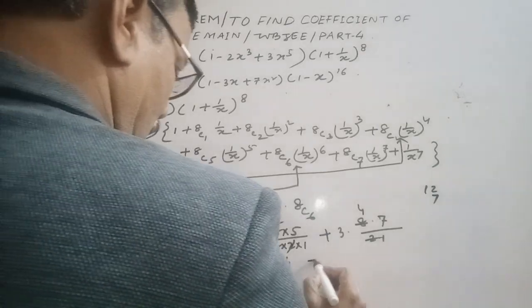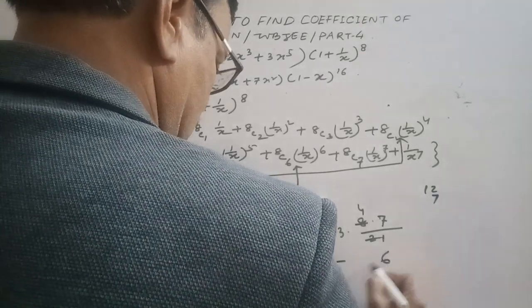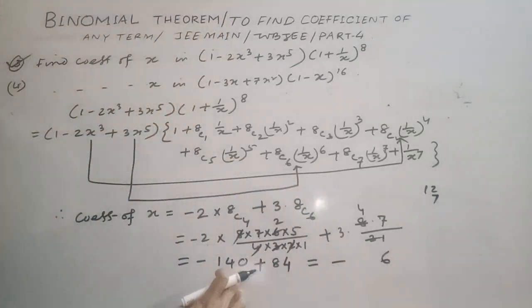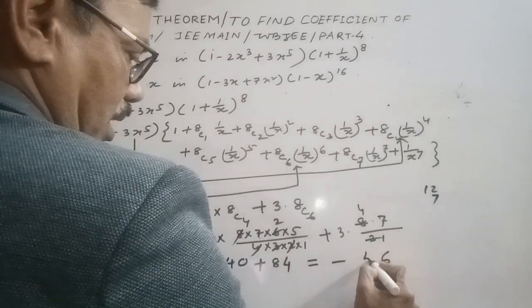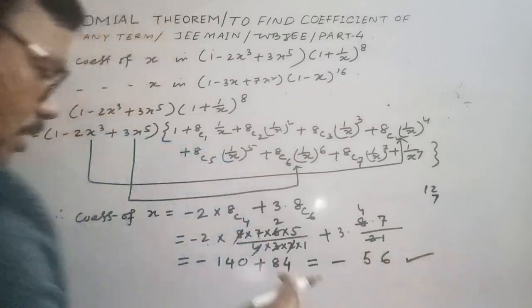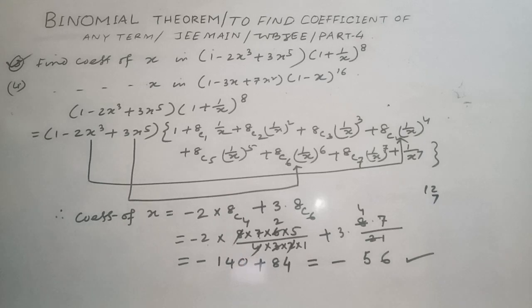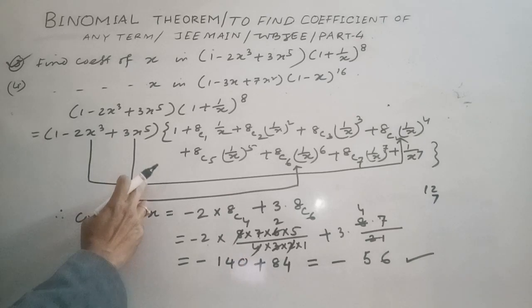And if we simplify, this is 6, this is 6, minus 56, minus 56. So what is the coefficient of x?